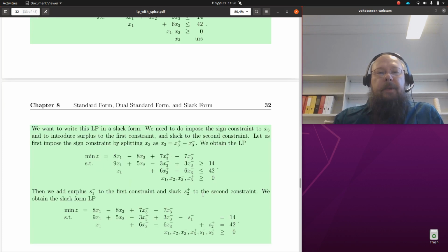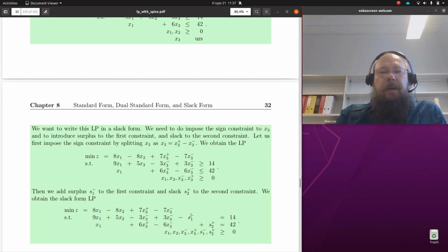And this is what happened next. From this to this, everything else is the same, except that now I have an additional variable here. Since it's the lower bound, it's minus, so this minus corresponds to the minus in the superscript.